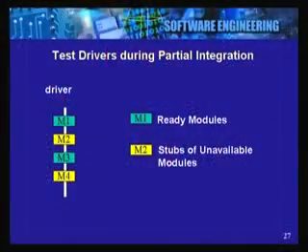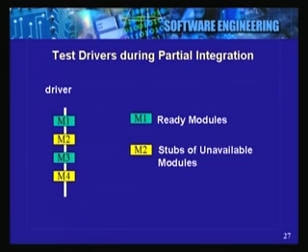In this particular sequence, M1 and M3 are ready, but M2 and M4 are not ready, but still you can complete the testing with stubs for the modules which are not available and the driver to combine all the modules, to integrate all the modules, to actually pass on the output of one to the input of another, and to supply the input identified in the entire test case to the first module in this assembly line.